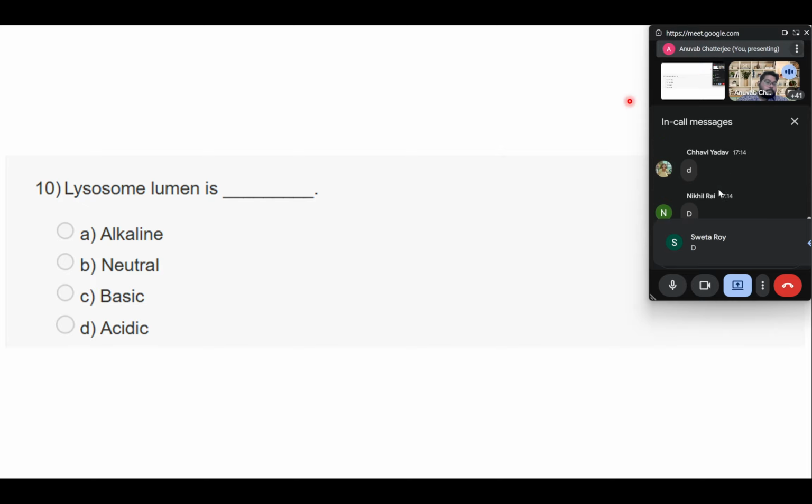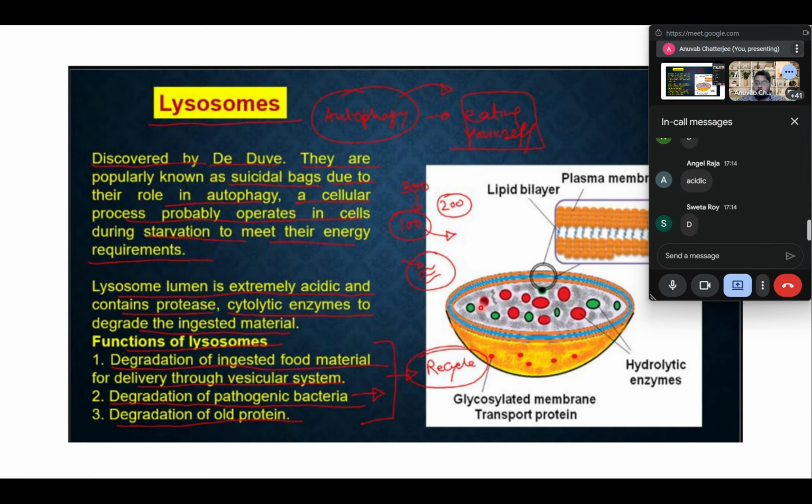Okay, let's look at it. We have one A, which is alkaline. Everyone else has answered acidic.